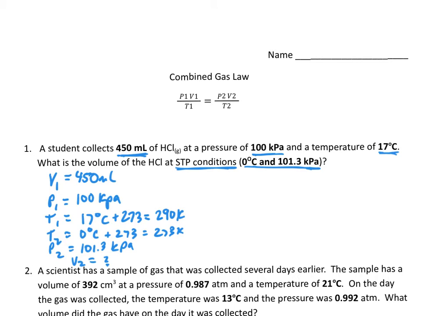So now I'm going to start plugging those into my equation. My P1 would be 100 kPa, and I'm going to multiply that by my V1, which is 450 milliliters, and I'm going to divide that by my T1, which is 290.